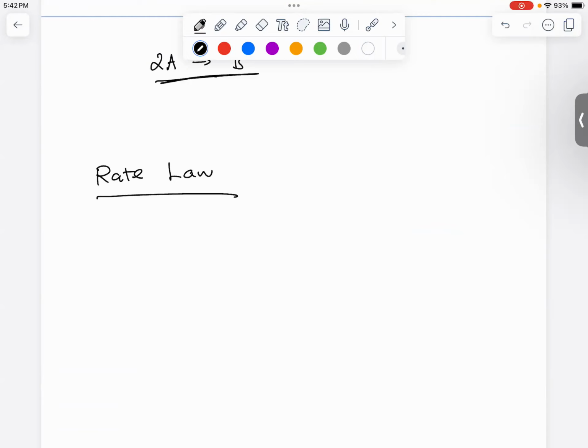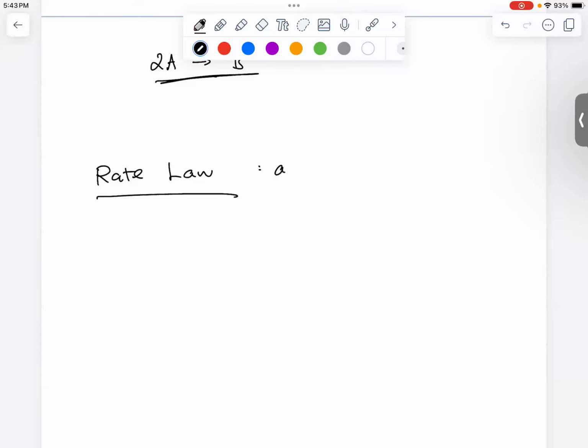I had no idea about these materials when I was reviewing myself, so it was tough to learn by myself. And then when I finally learned it in college, I was like, oh, that's how it makes sense. Now, let me tell you what rate law is.